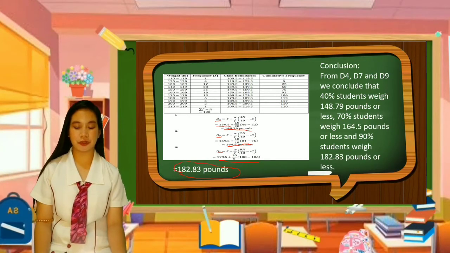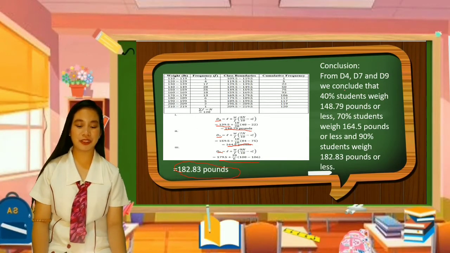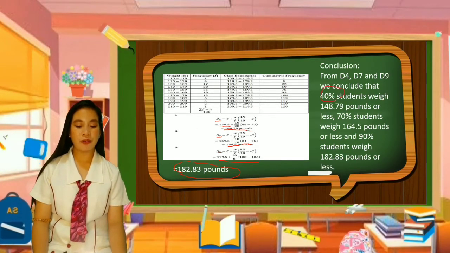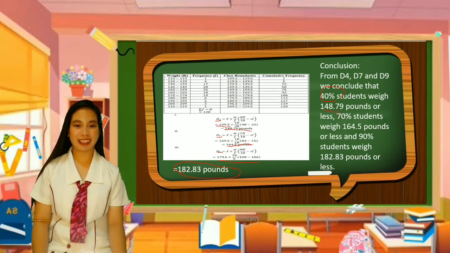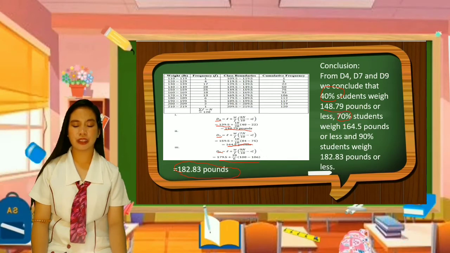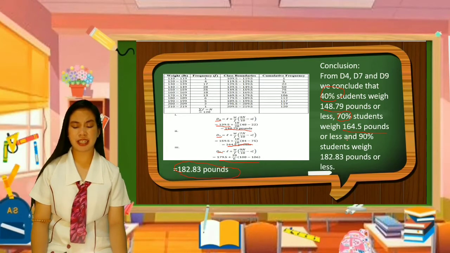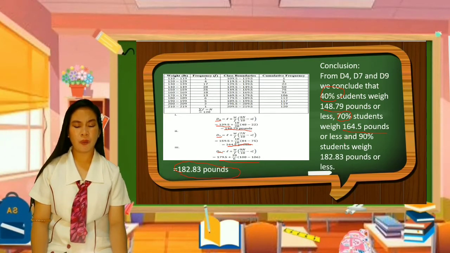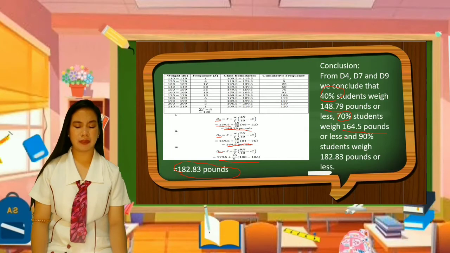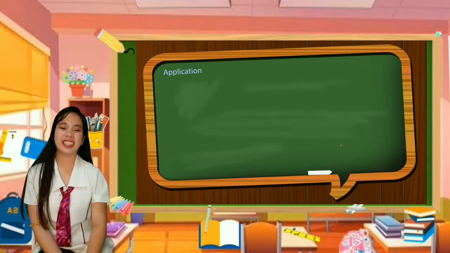So, the conclusion is 40% of students weigh 148.79 pounds, 70% of students weigh 164.5 pounds, and 90% of students weigh 182.83 pounds. So class, let's move to the application.